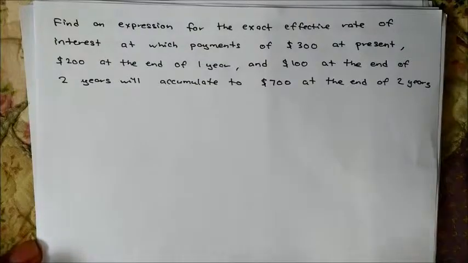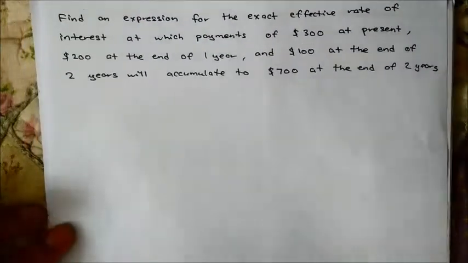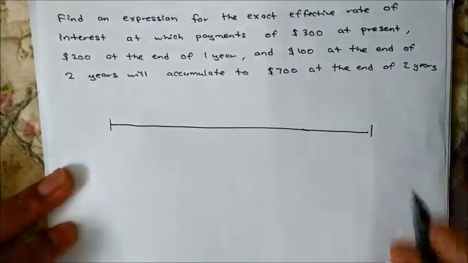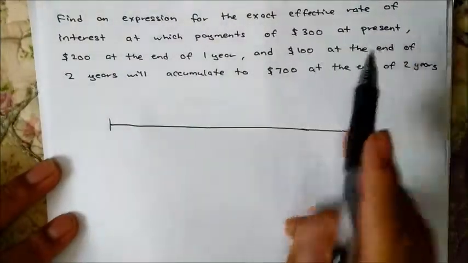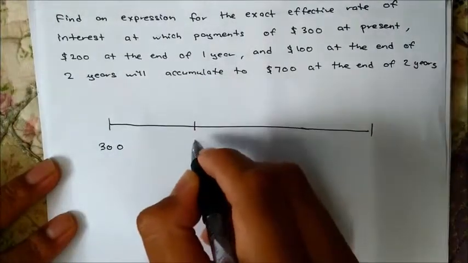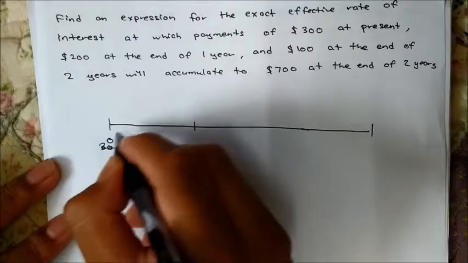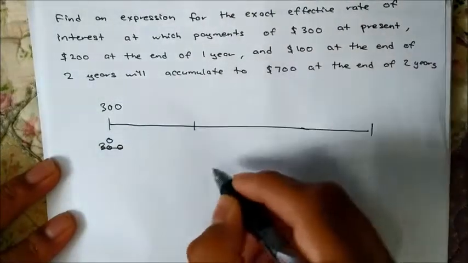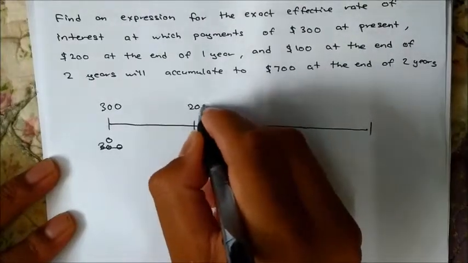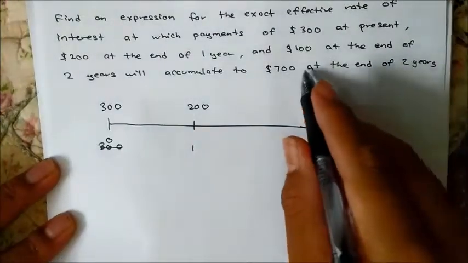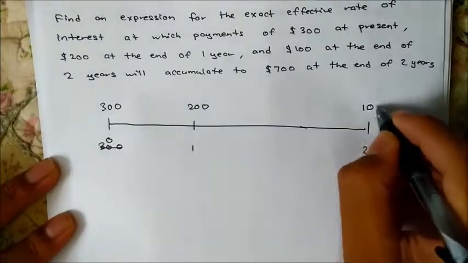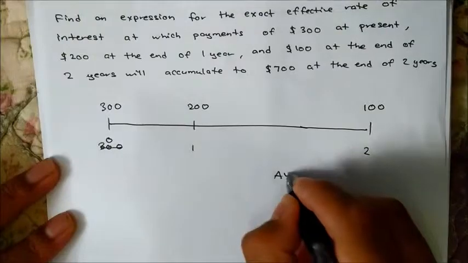Alright, so firstly, we need to create a timeline which represents the question above. $300 at present, $200 at the end of 1 year, and $100 at the end of 2 years will accumulate to $700, which is AV equal to $700.